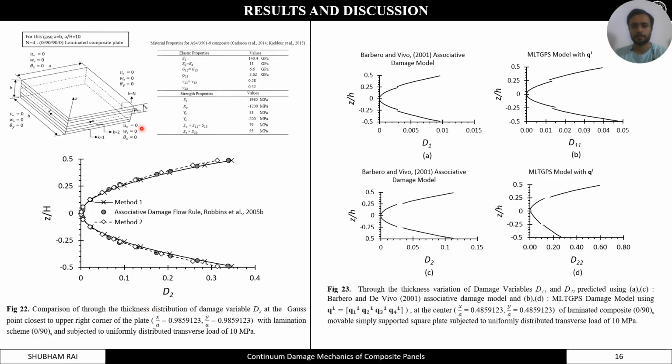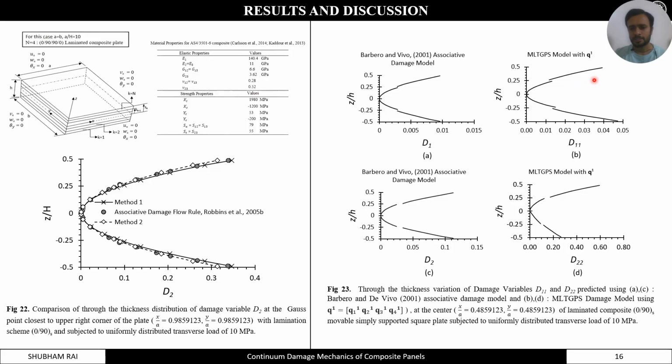One more important observation is that figure 23 represents the through the thickness distribution of damage variables 1 and 2 at the center of the laminated composite plate. We are able to see that the present model is able to predict different damage variable values in tension and compression of the plate, whereas Barbero and Vivo predicts the same damage in tension and compression, which is not consistent with the strength property of the material.